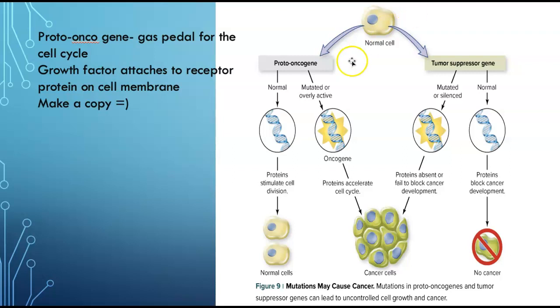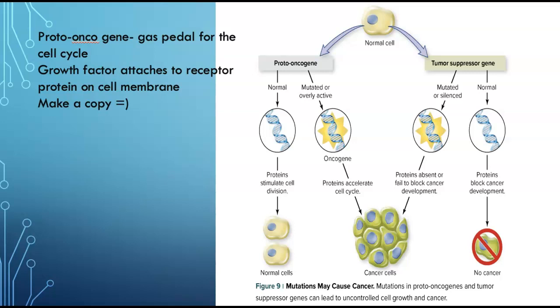Sometimes proto-oncogenes are mutated. There's a problem with them. They're overly active. So a region of your DNA is not the right information. And that gene, think about a gas pedal that doesn't shut off. That oncogene is not taking its foot off the gas pedal, and that means the cell will copy.